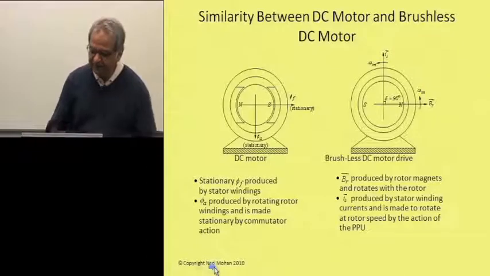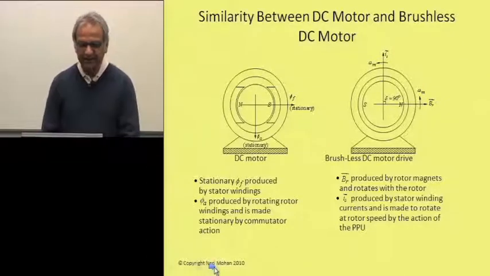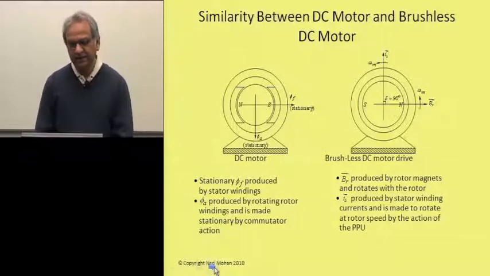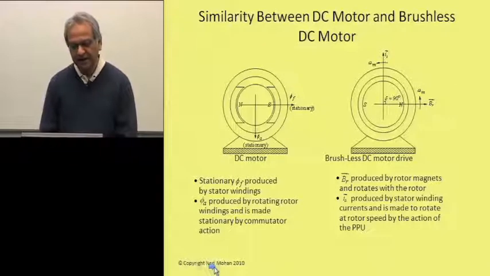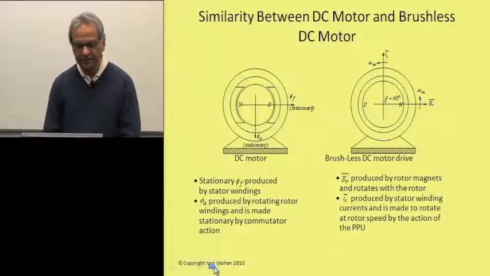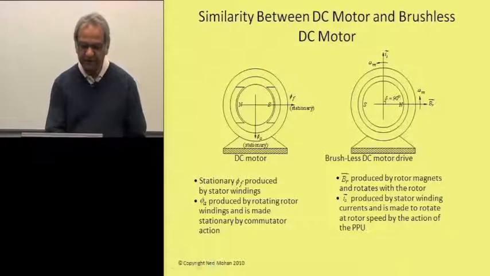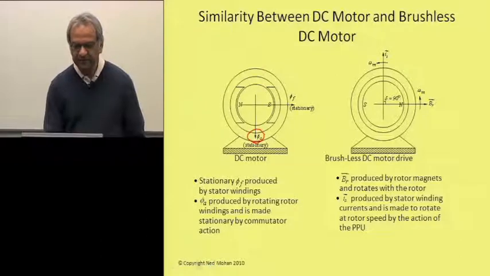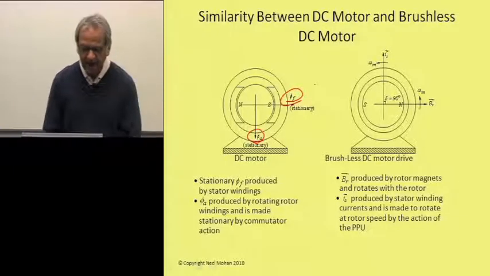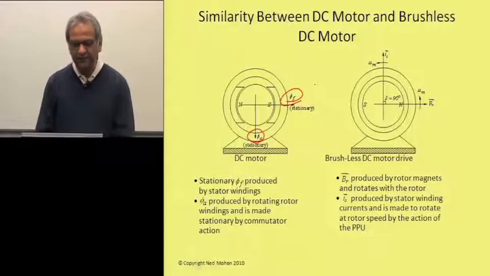So that's the similarity that is shown in this slide, where we have in a DC machine magnets on the stator, and on the rotor we have an armature winding, which produces this armature flux phi sub a, which is at 90 degrees to the stator flux, which is stationary because the magnets are stationary, and we get the torque controlled by the armature current here.